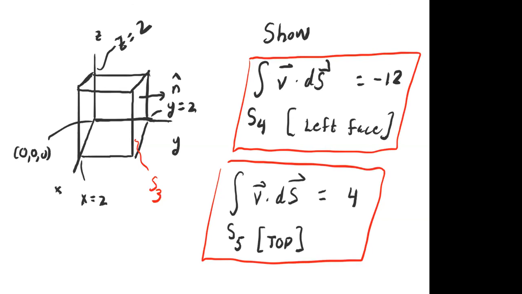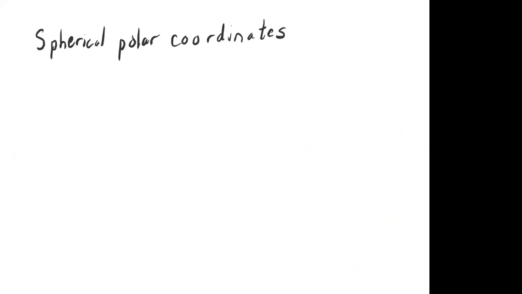Okay, so let me summarize. So I have reviewed, because we actually did this back in lecture 2, a discussion of spherical polar coordinates with the suggestion that you need to consult problem set 1 and 2 to see how to get the differential volume element in spherical polar coordinates.